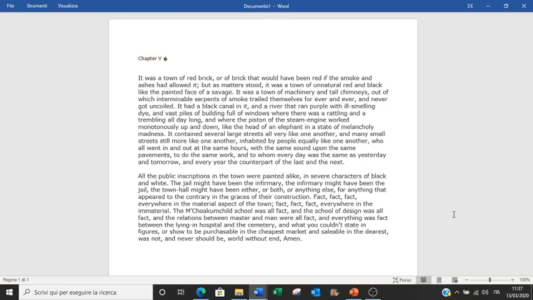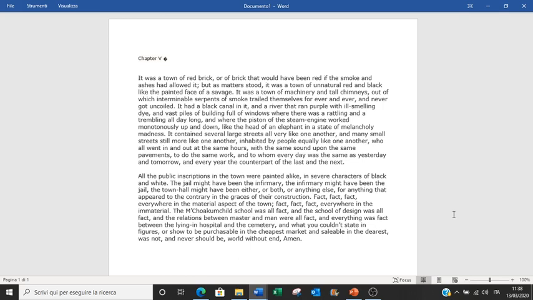Then he goes on writing that it has an ill-smelling dye, that is an artificial color again. So if you color your hair, for example, you have dyed hair, so it is the same word. And again, starting from sight, we also have the smell as another sense that is described, that is, again, completely unnatural, unhealthy, and artificial.